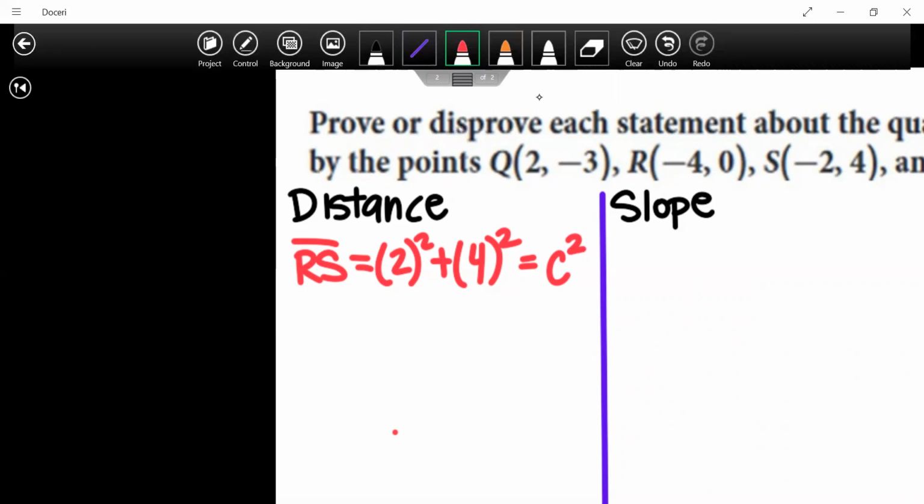I'm going to shorten this up because you guys should be able to do this. What is 2 squared? 4 squared? 4 and 16? Take the square root. So my first distance here is 20.